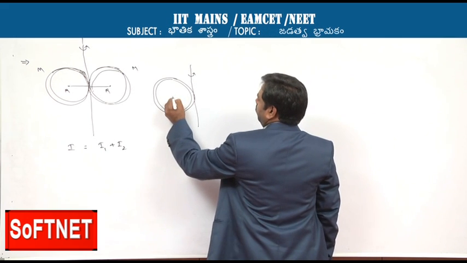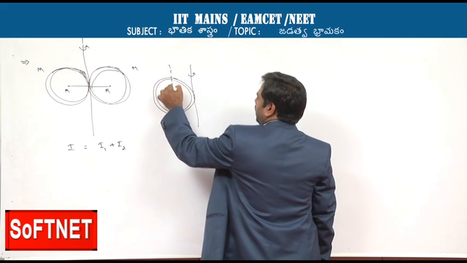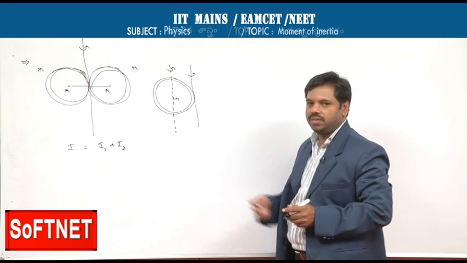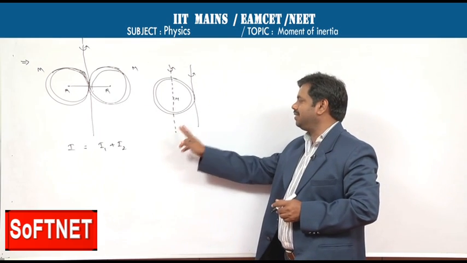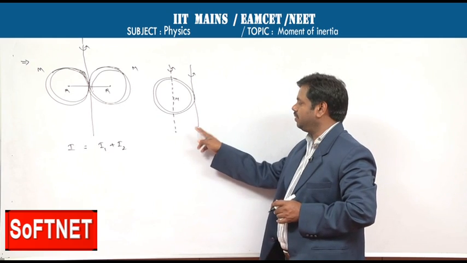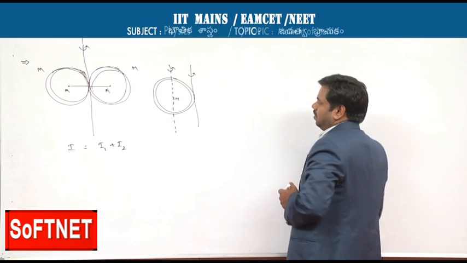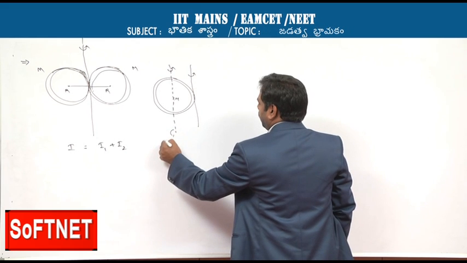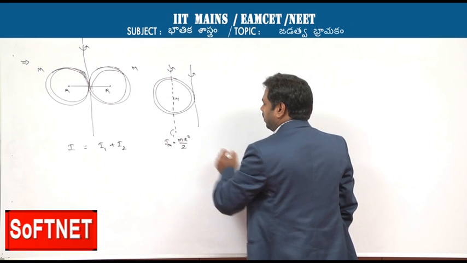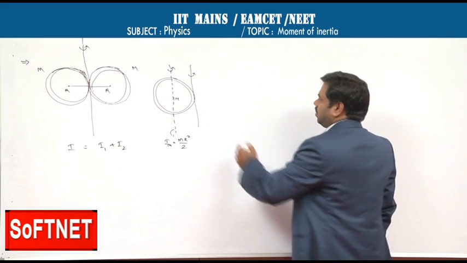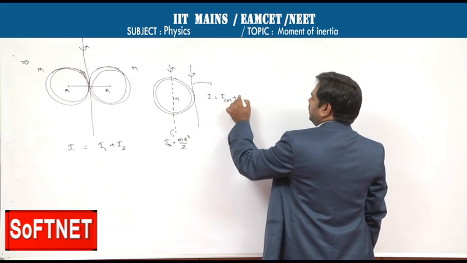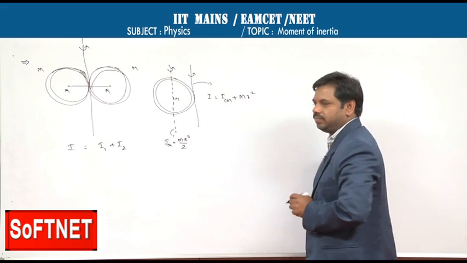Whenever we have chosen a parallel axis which is passing through the center of mass, and whenever you know the moment of inertia of this ring about this axis, then easily we can find out the moment of inertia with respect to this axis. This value already we know, I_CM is equal to MR square by 2, already we have studied. Now the moment of inertia about this parallel axis will become I_CM plus MR square.